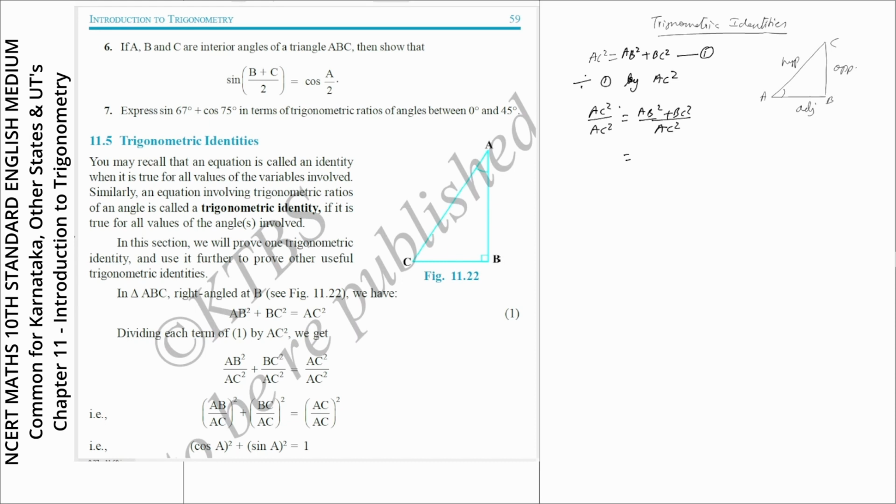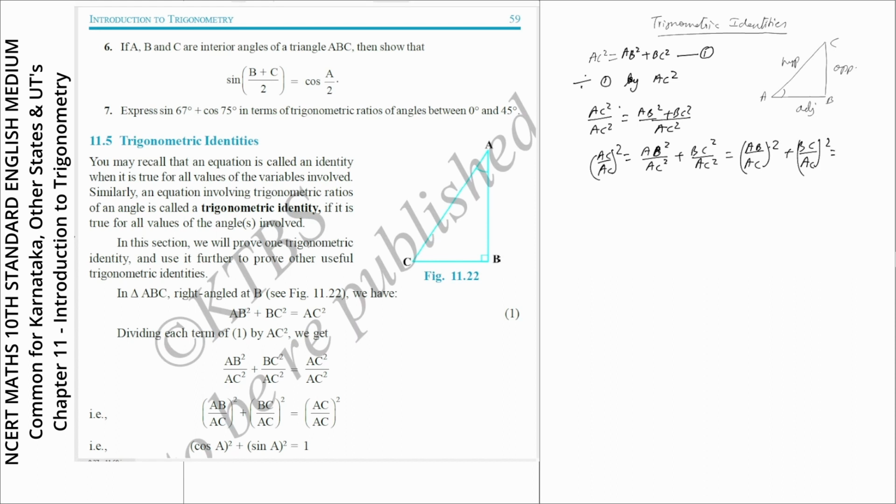Therefore, AC square by AC square is equal to AB square plus BC square by AC square. Now I can write AC by AC, the whole square, on the left hand side, and splitting the right side, AB square by AC square plus BC square by AC square. Now this I can write as AB by AC the whole square plus BC by AC the whole square.